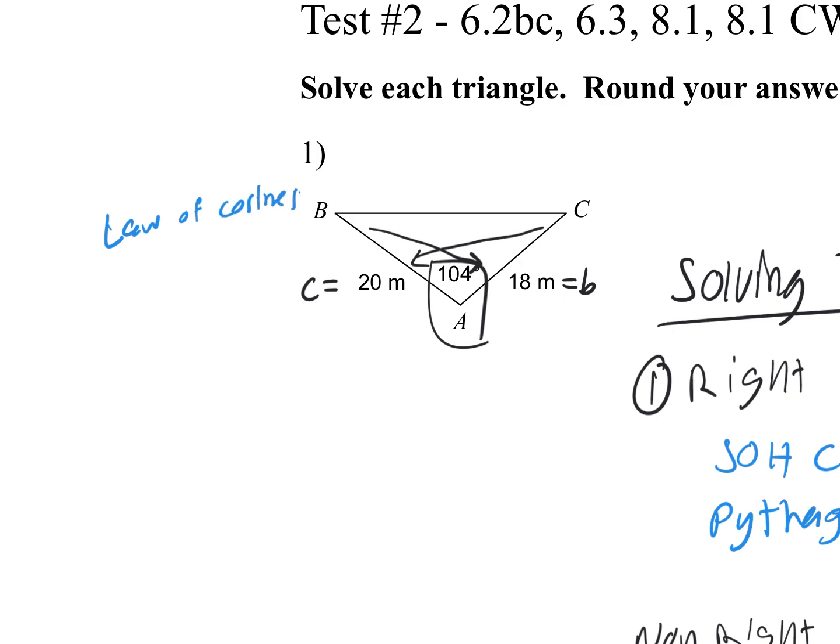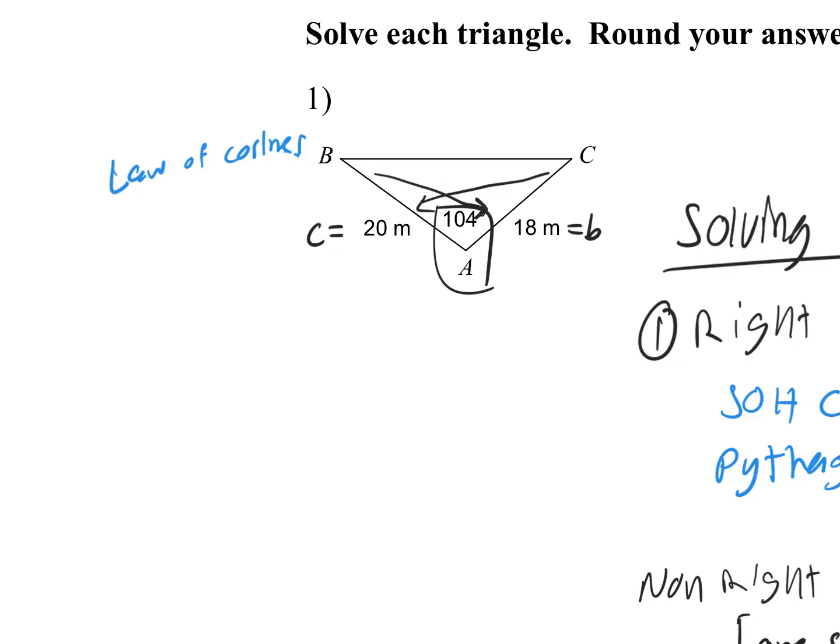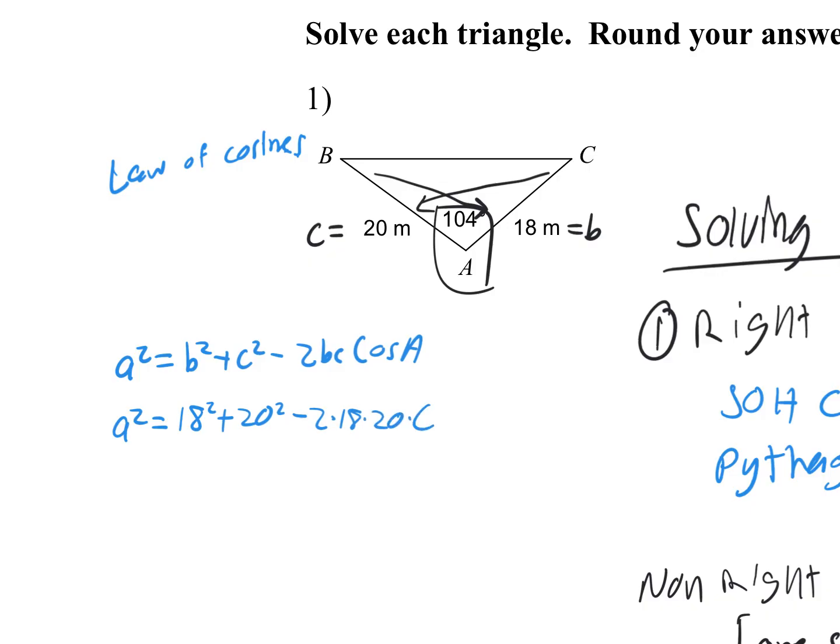Now we give you all the formulas on the test, so you don't have to worry about memorizing. You would use the version of law of cosines that relates angle A with sides B and C. And if you check the law of cosines, that's going to allow us to find side A. So I can do A squared equals B squared plus C squared minus 2BC cosine of A. Plug in all the information that we have: 18 squared plus 20 squared minus 2 times 18 times 20 times cosine of 104.